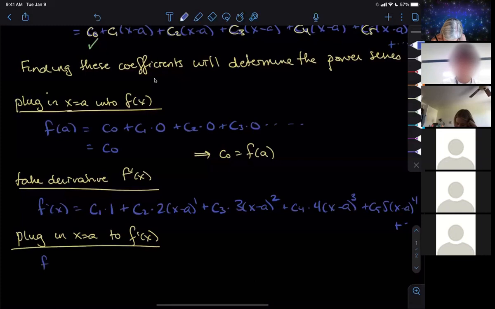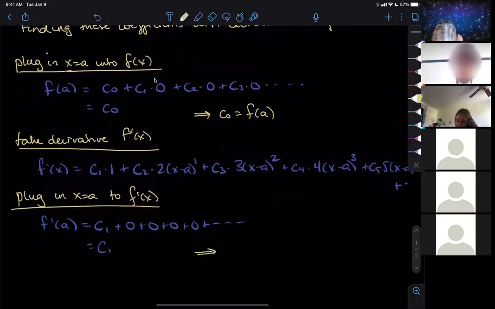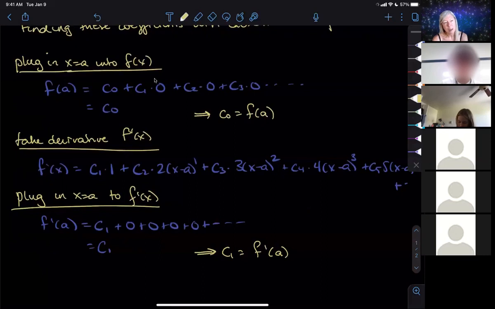So f prime at a is c1 times 1 plus 0 plus 0 plus 0 all the way down the line. So that's just c1. So now we know what c1 is as well. c1 is f prime of a. You might want all the coefficients to just be the derivatives, and that would be super cool. It's a little bit more complicated than that, but not a lot more complicated than that.